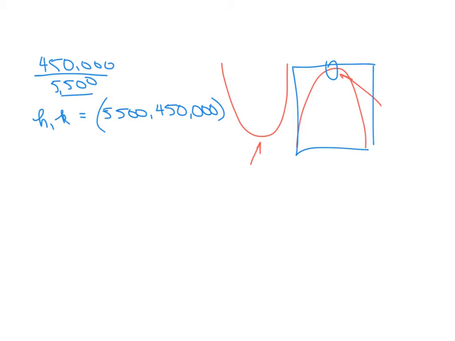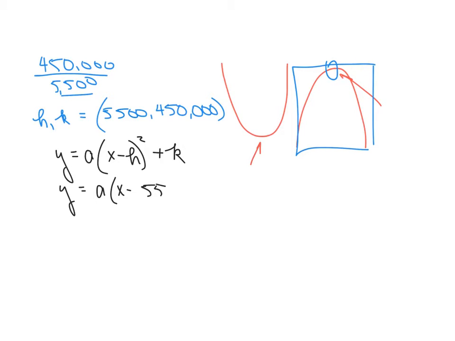So if I'm writing this in this method, and remember we did this earlier, there's the formula. My h is going to be there, and my k is going to be there.